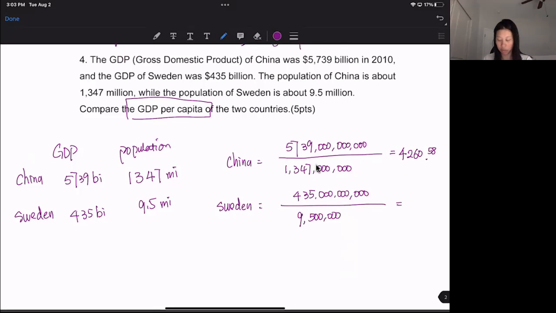So you divide them, you will have 45,789 dollars and 47 cents. Wow, Sweden is 10 times what China is making per capita. So the country with higher GDP per capita is Sweden, because Sweden has less population.